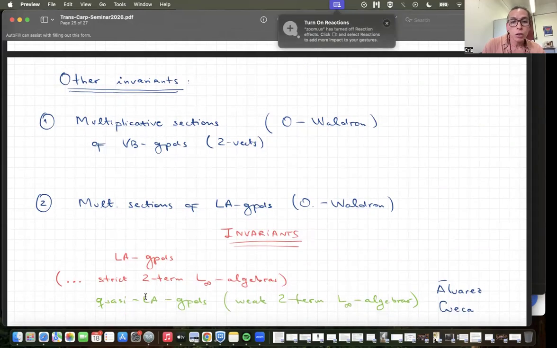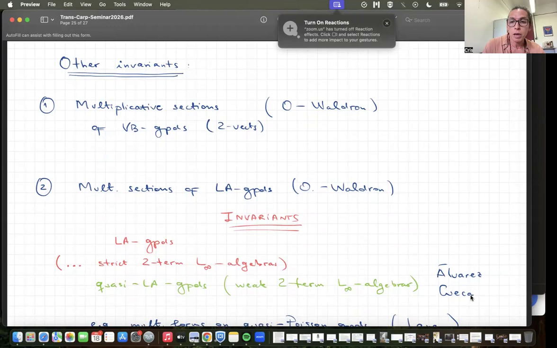And more recent work by Daniel Alvarez and Miquel Cueca shows that multiplicative sections give you an example of weak two-term L-infinity algebras, if instead of LA groupoids you consider quasi-LA groupoids.